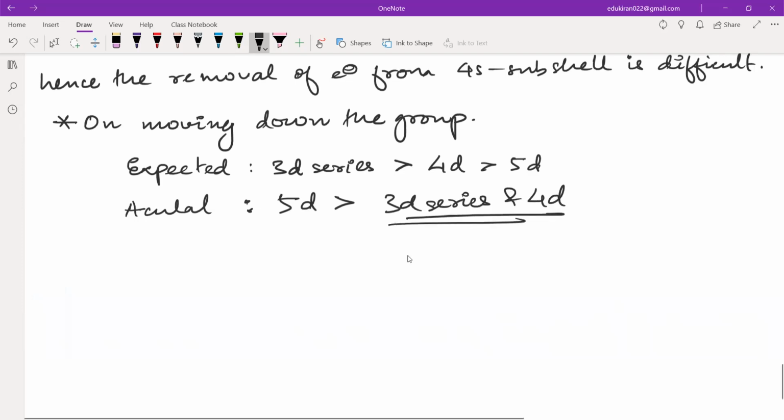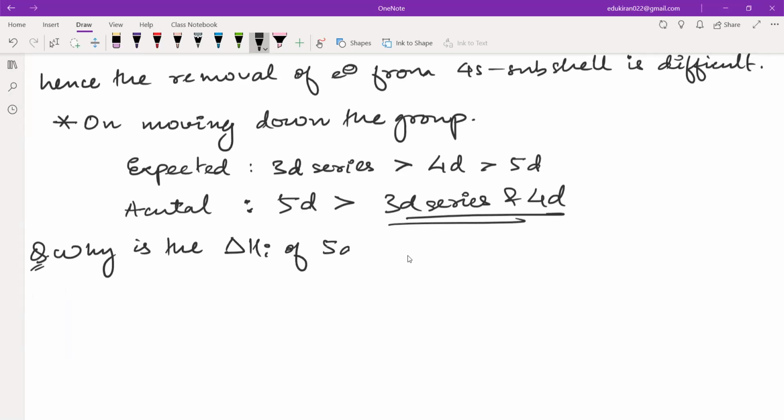Okay, so you will get a question, why is that? The question would be: why is the ionization enthalpy of 5d higher than 3d and 4d?